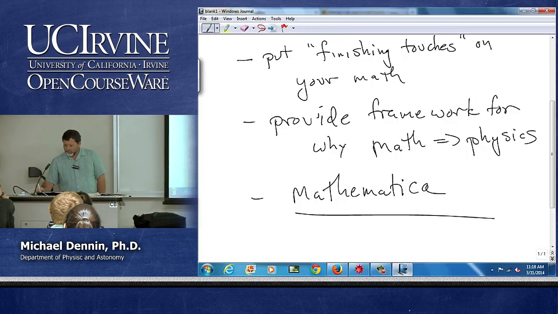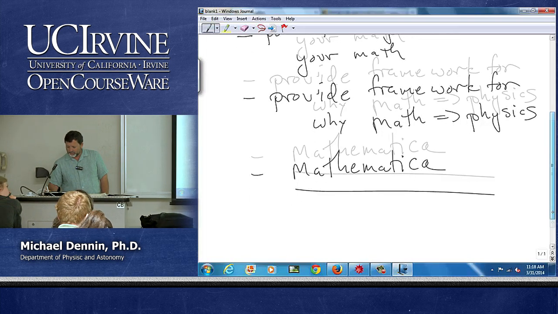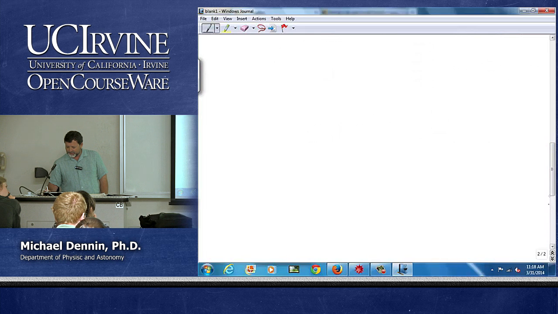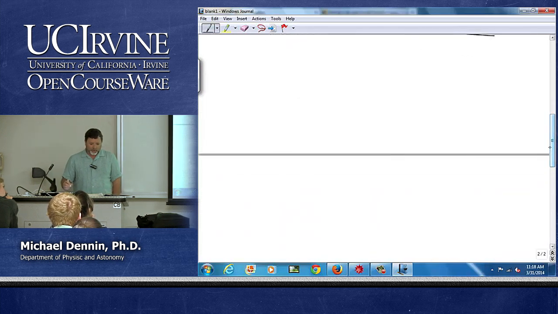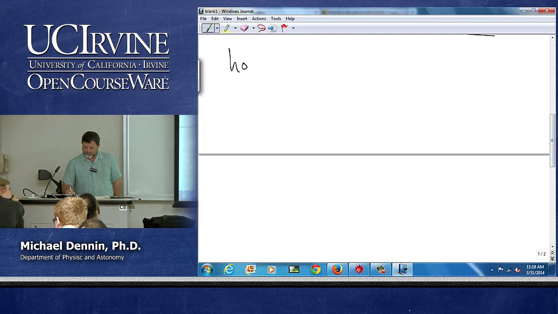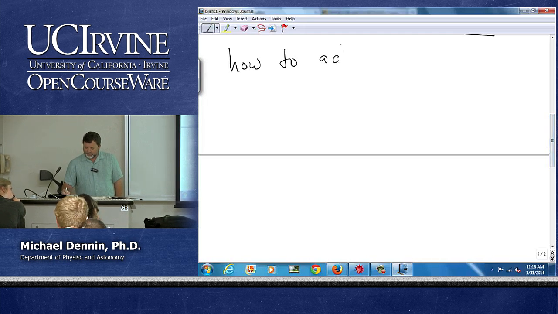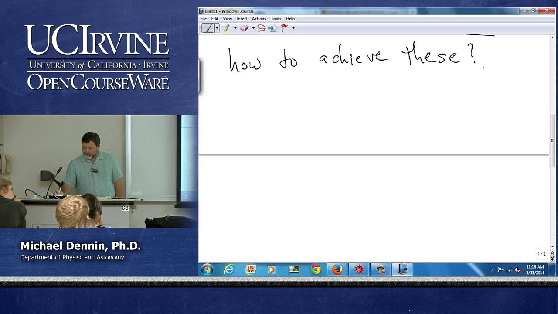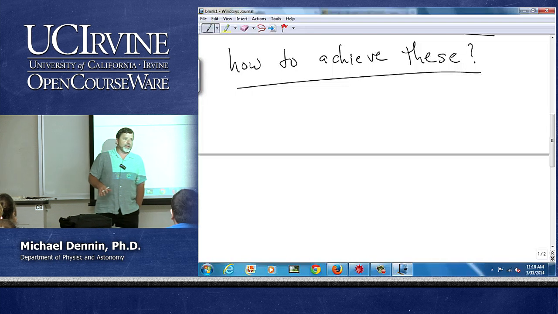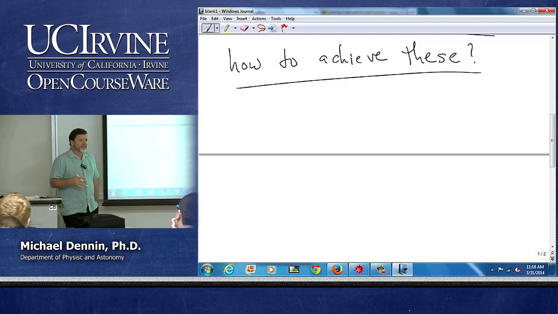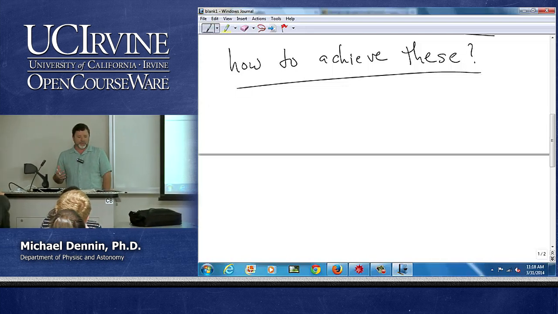Now, the other issue that I like to go over is, given that these are the goals, the real question is how to achieve these. And when students first look at my courses, typically at the websites, and as some of you said, they're like, oh my God, there's so much stuff to keep track of. That's the hard challenge. How am I going to do all of this?